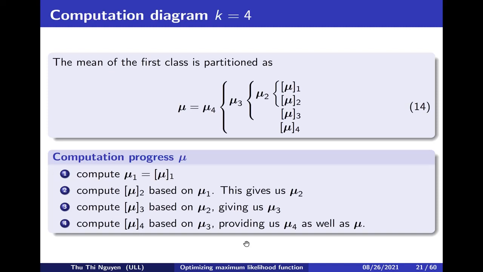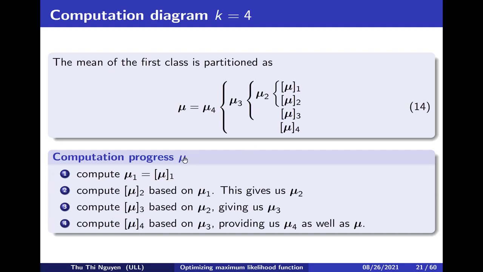As a specific example, we have a computation diagram for k equal to 4, which means we have 4 blocks. Then we will partition the mean of the first class into 4 non-overlapping partitions as in equation 14.